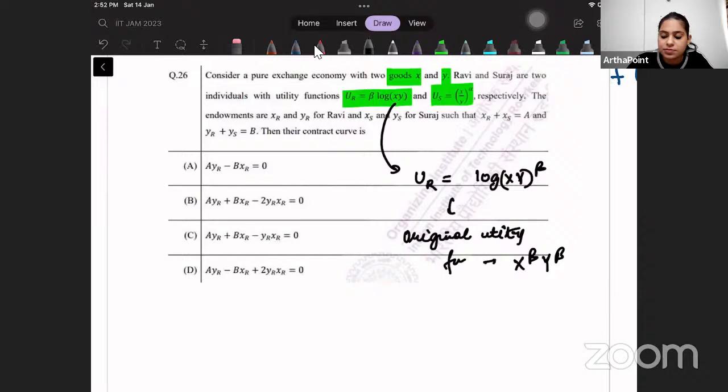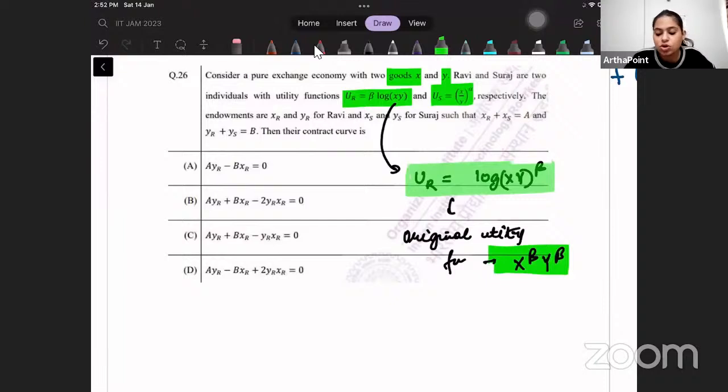And this is much easier to work with if I don't have log. And it will give you the same answer, because these are monotonic transformations. MRS of this or of that, you will get the same MRS. So in that sense, even if you know what monotonic transformation is and you work with this, you're fine.